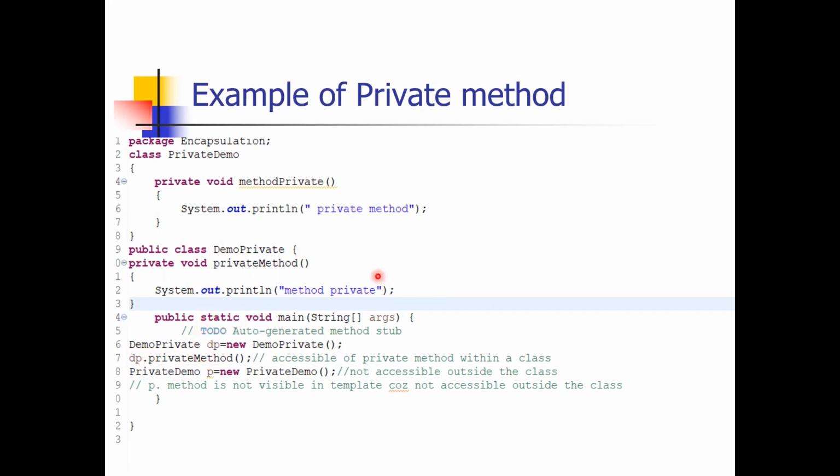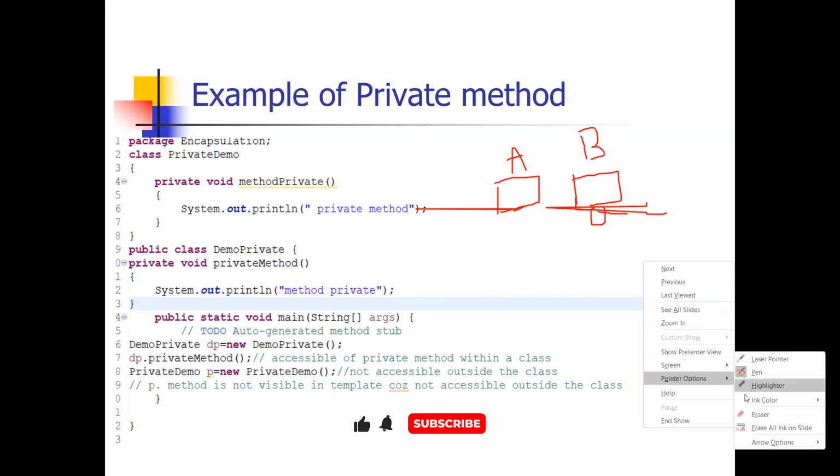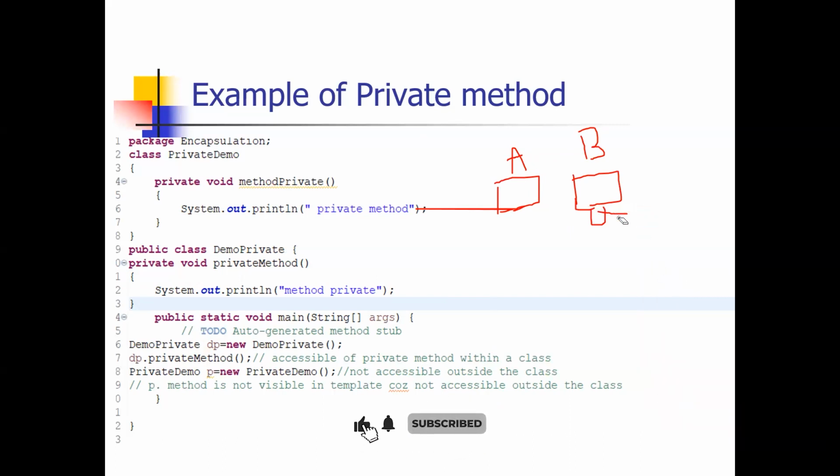You can understand that this is a different house and this is a different house. You are part of A, but you want to get access to house B. So what do you have to do? You can get access if you have the lock for this particular house. That lock, for example, is the object.